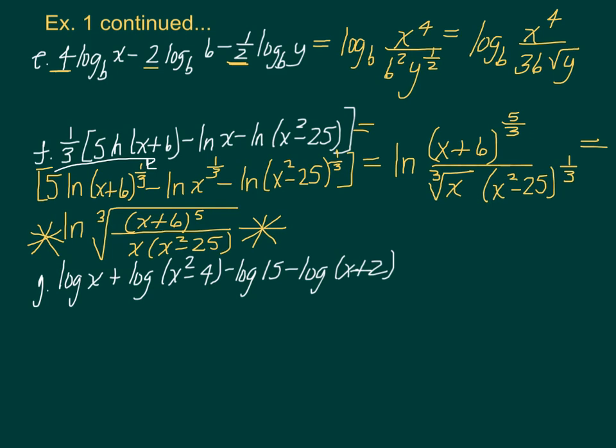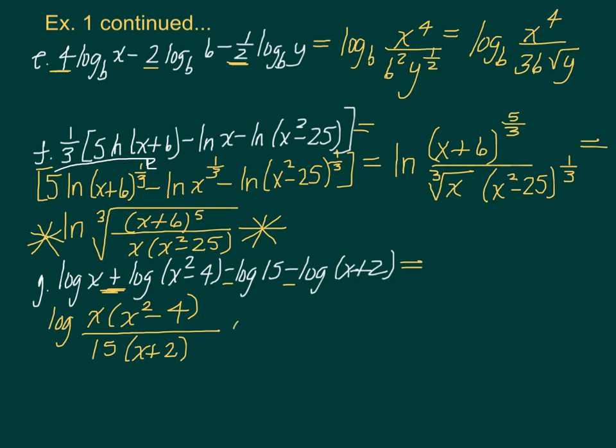And then G, I don't have any powers. I don't have to use a power property. There's a plus here, so I'm going to use the product property for these two terms to condense. And there's a minus and a minus, so both of those terms go in your denominator.